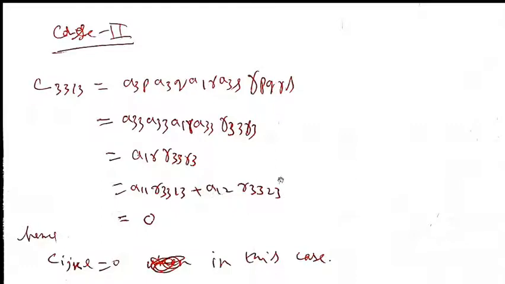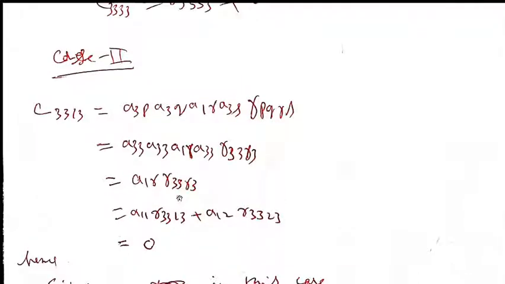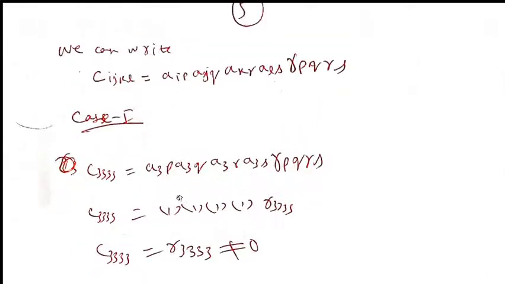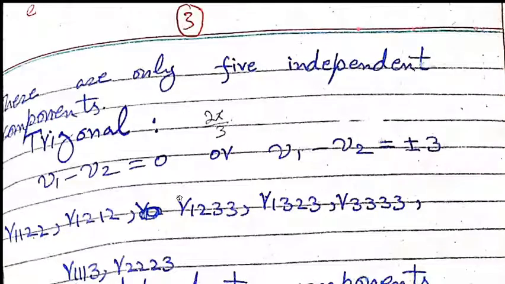Now this is again 0, and this term will be equal to 0 due to this, because gamma 3313 is 0. Let us check, it should not be here. Gamma 3313 trigonal, you can see that there is no gamma 3313, no 3s.